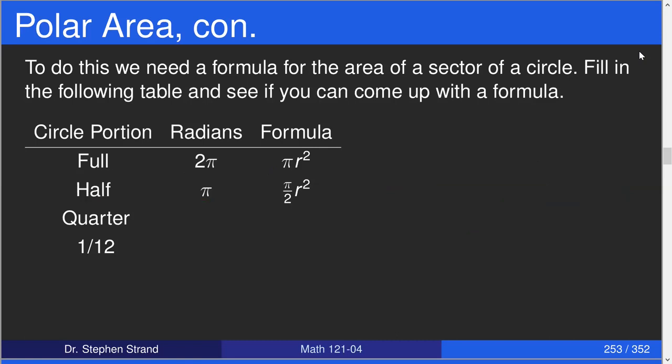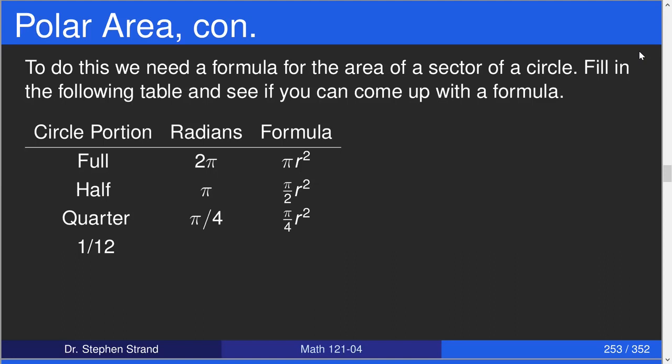If we look at this, certainly when we cut a half in half again, we get a quarter. And so, oh, I think that I made a mistake. Well, now I'm confused. Hold on. Did I mess up?